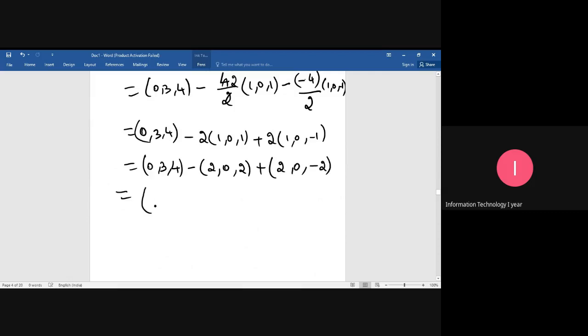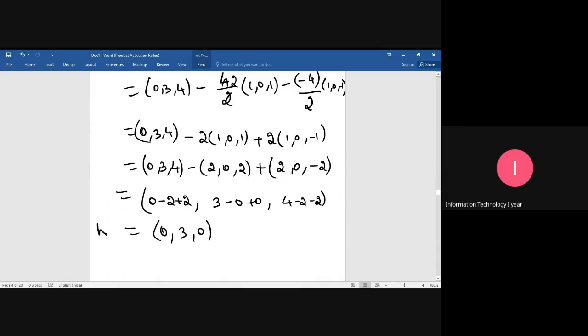So the answer: first element addition is 0 minus 2 plus 2, second element is 3 minus 0 plus 0, third element is 4 minus 2 minus 2. So what is the answer? 0 comma 3 comma 0.